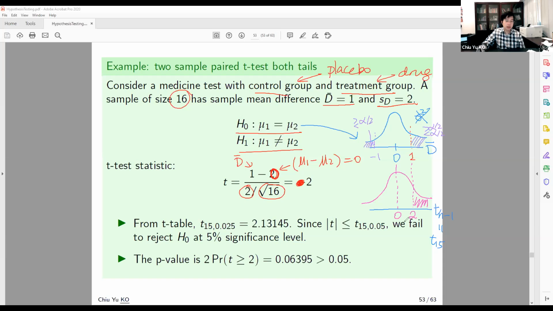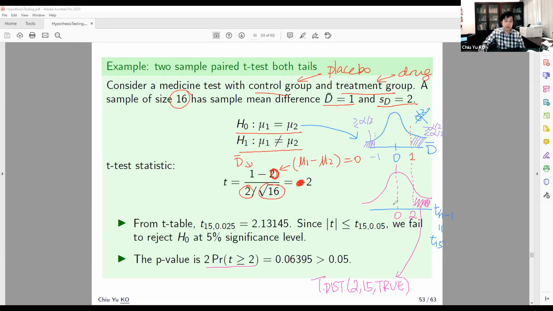Let's do the first thing, check the area first. How do you check this? You use the T distribution, with 2 and degrees of freedom 15.